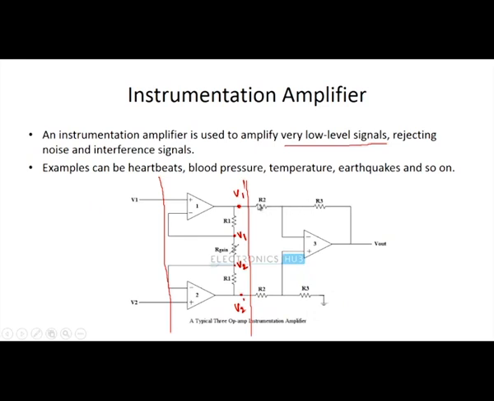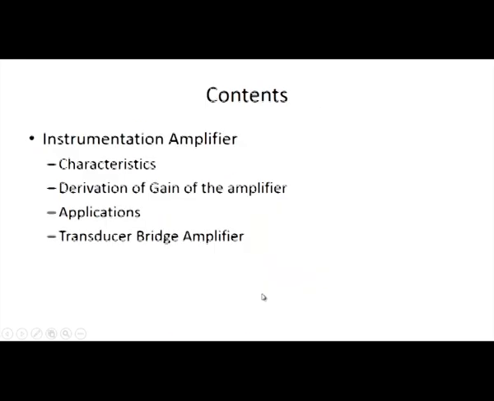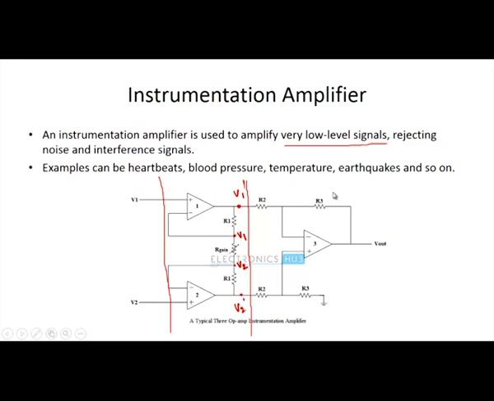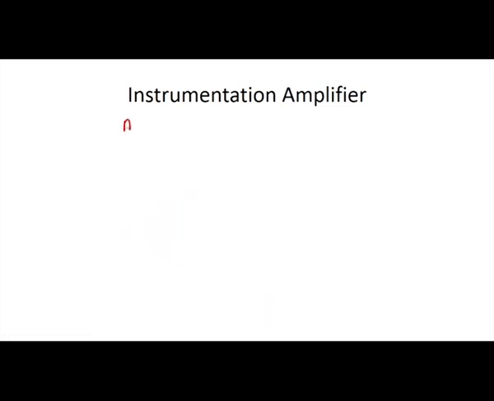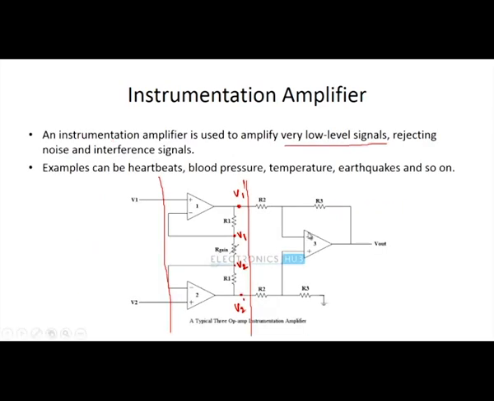Just see the resistor values of the differential amplifier. The input resistors are R2 and the feedback resistors are R3. Consider the differential amplifier as A3, for which V1 dash and V2 dash are the two input signals: V1 dash for the negative terminal and V2 dash for the positive terminal.